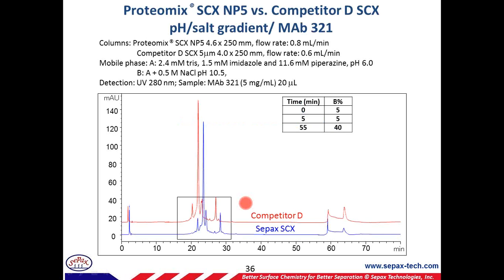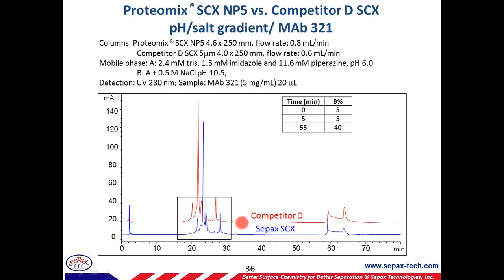Here's a comparison between Proteomix SCX and P5 versus a competitor SCX using a pH salt gradient with this specific mAb. With the overlay, we can see the competitor's column performs better, where in the red circle you can see there's a split for this peak.